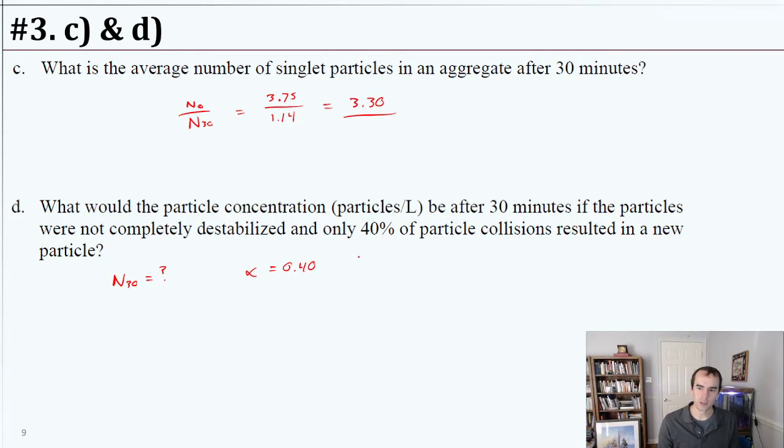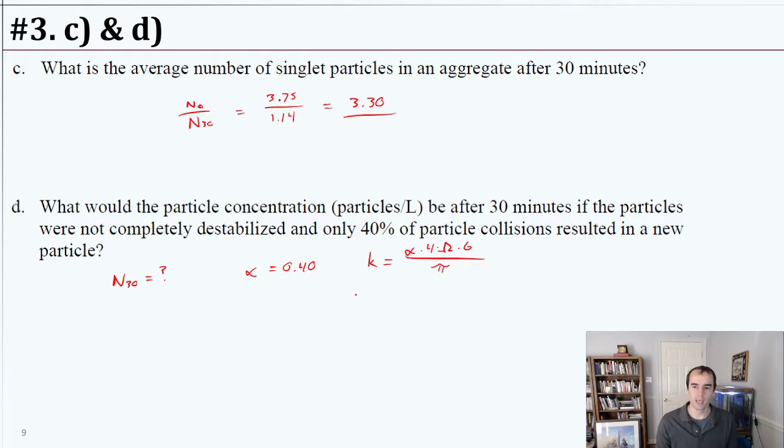That's going to change the K. G is not going to change, but the new K, this was alpha, or this collision efficiency, times 4 times the omega, times G divided by pi.